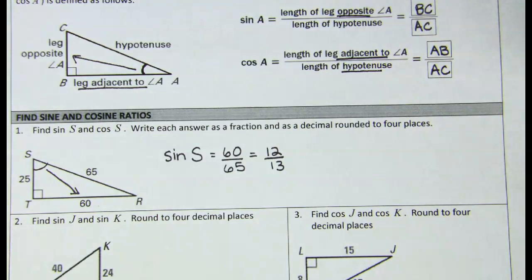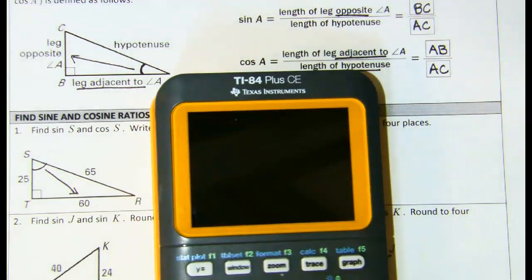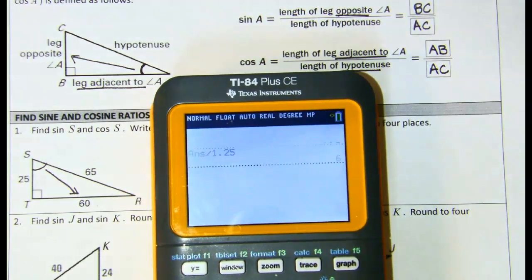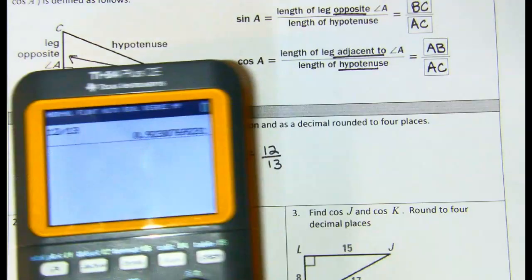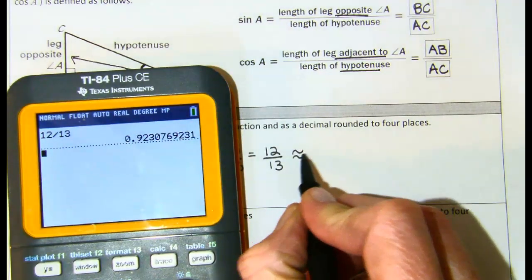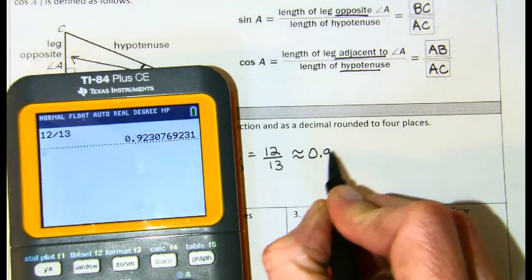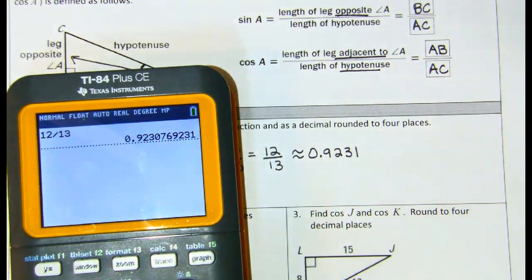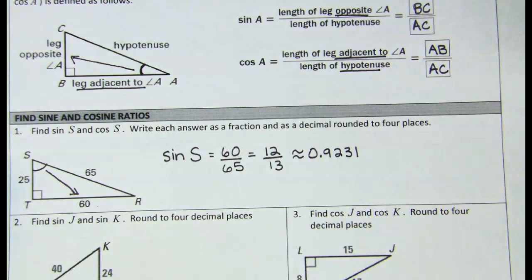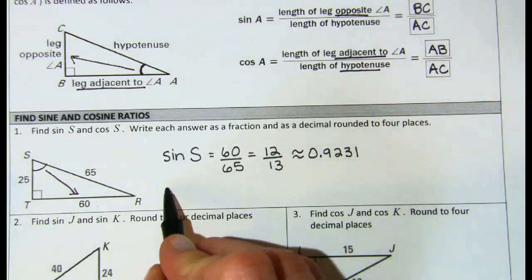Take a calculator and do 12 divided by 13, and we are going to round this to 4 decimal places. So this is approximately 0.9231 if we round.